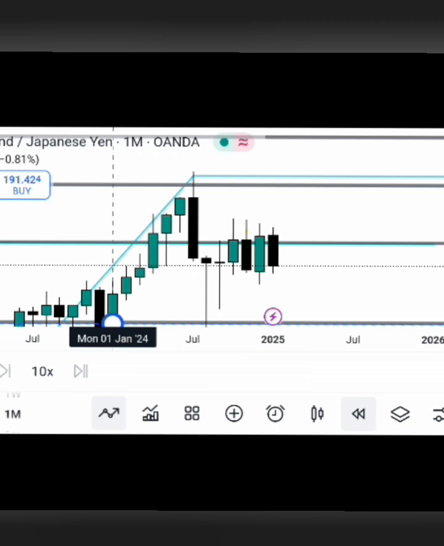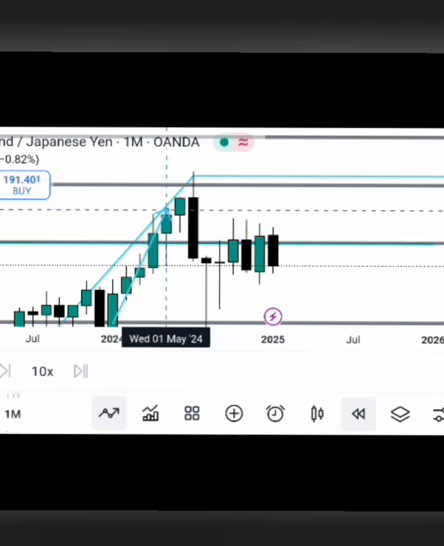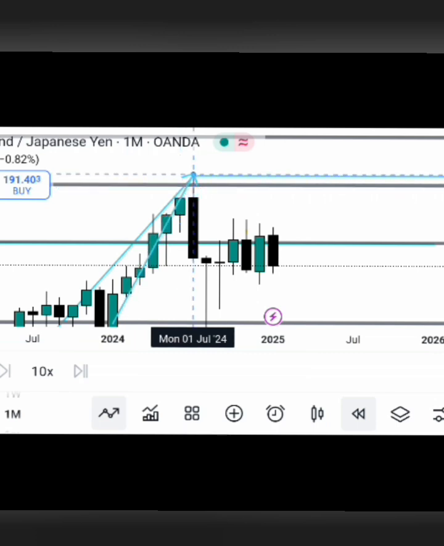This point was supposed to be a resistance, isn't it? But it broke the resistance and went up, and this resistance held, isn't it? It swept liquidity and this resistance held.